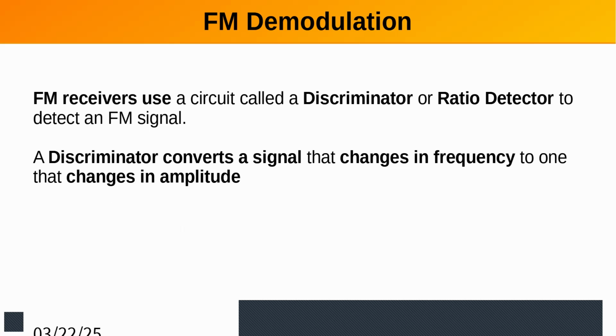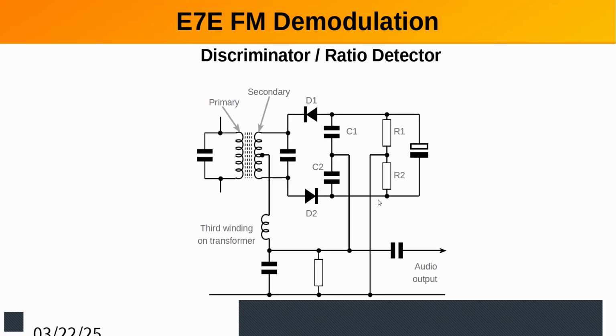So you're converting from FM to AM of the baseband signal. This is a kind of a typical circuit I found. I don't understand how it works, but I have an idea, but still.